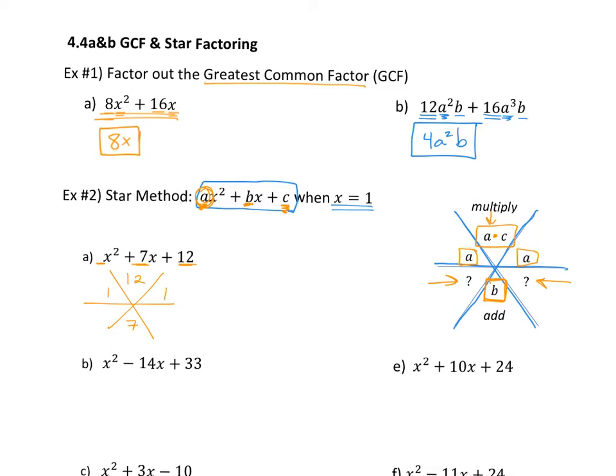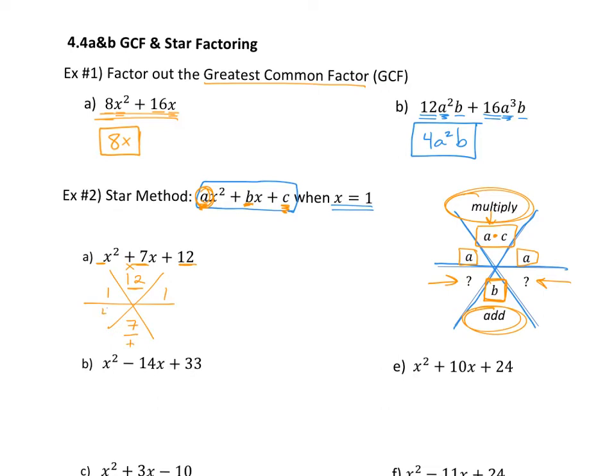And now here's what you're going to ask yourself, okay? What can I multiply to get 12 that I can add to get 7? So what two numbers can I multiply to get 12 that if I add them together, I will get 7?